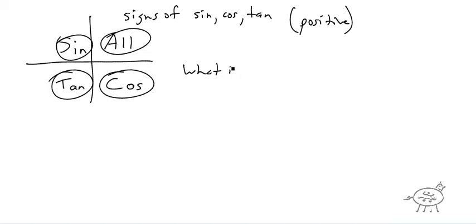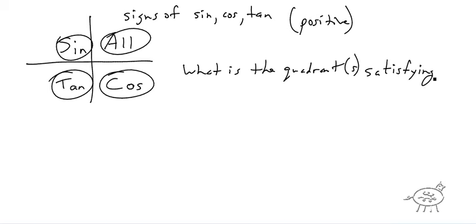What is the quadrant? I'll put a parenthesis because it might be more than one. We're going to do cosine of beta is greater than 0, and sine of beta is less than 0. So we basically look at our chart here.